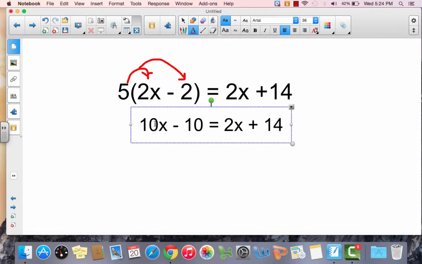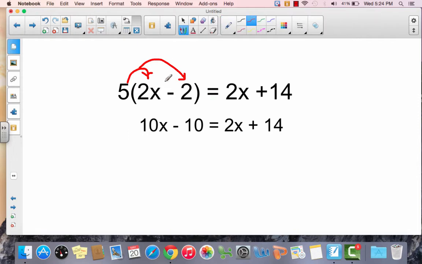Now I have a variable on the left, and I have another variable on the right, so I'm going to combine them. And I'll go in the opposite direction of what I did last time, so this time I'm going to get rid of the 10x on the left-hand side. It's a positive 10x, so I will subtract it. A positive 10x and a negative 10x pair off to make nothing, so that becomes 0.